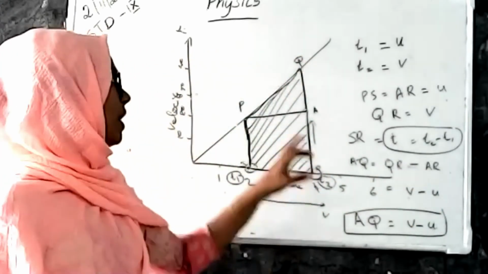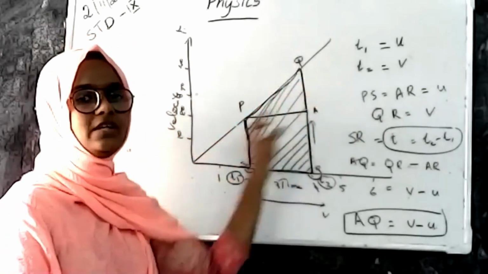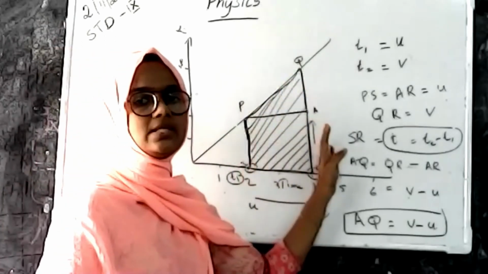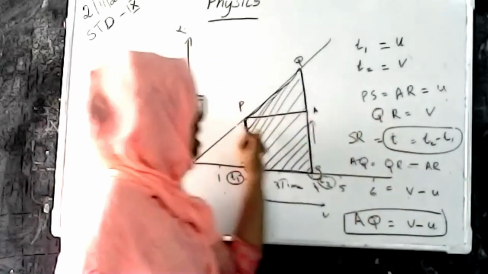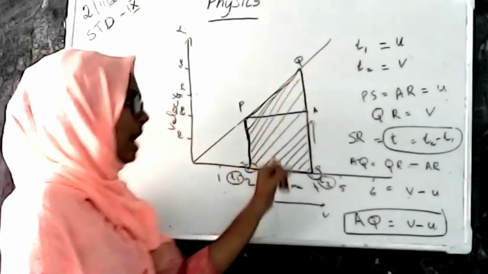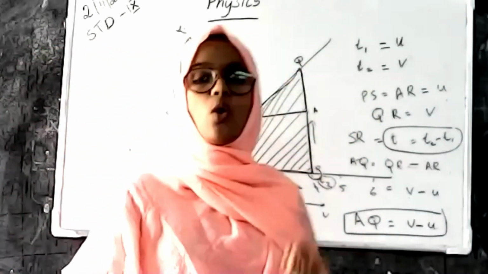I think all of you understand the sides of the trapezium we are considering. The trapezium has sides PS, SR and RQ, and we have the substitutions for all the sides.